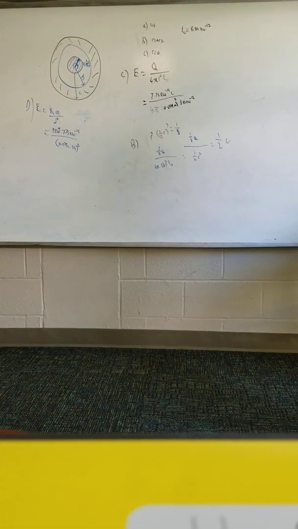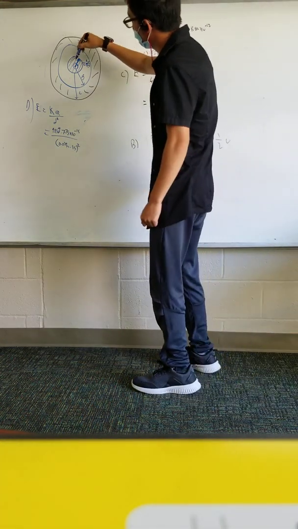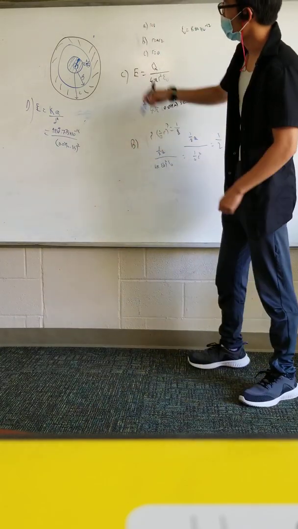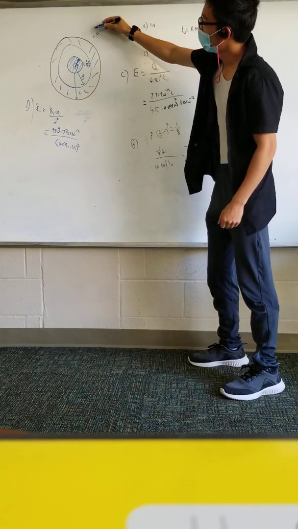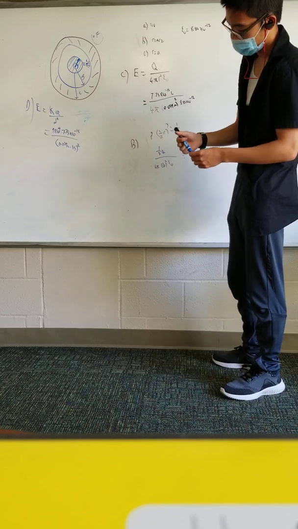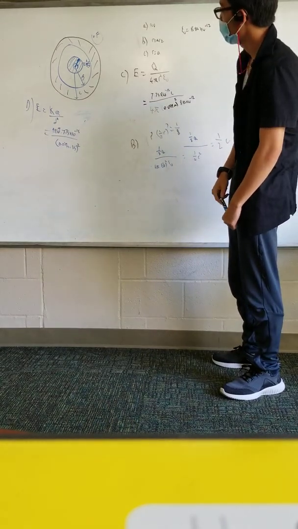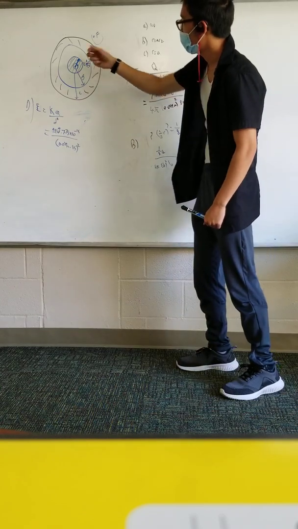Let me remind myself what F is. So F is asking 3.5a. So for me, F is on the outside right here. And it's asking for the electric field out here. Well, we just take the total charges because it's being pulled by this and that.